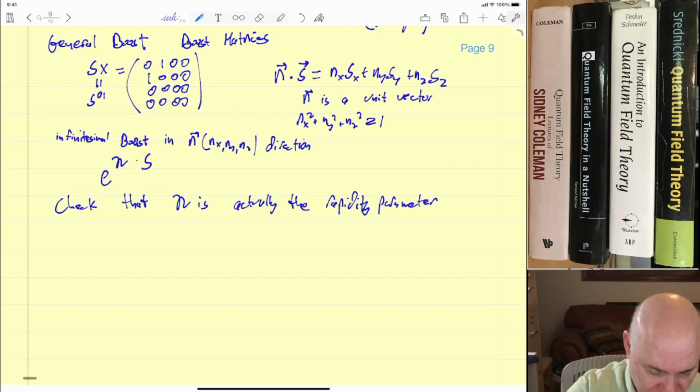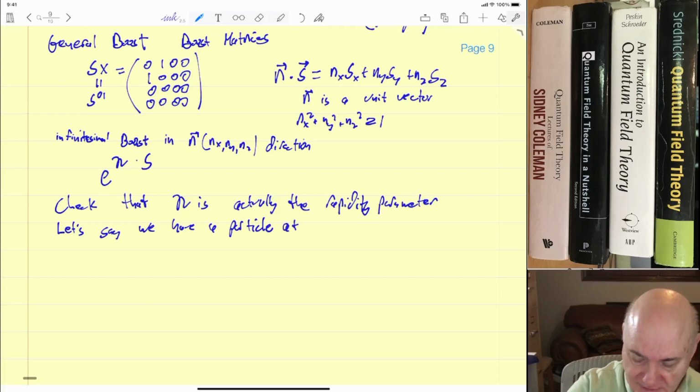And the way we do it is, look at a particle. Imagine we have a particle at rest at the origin.